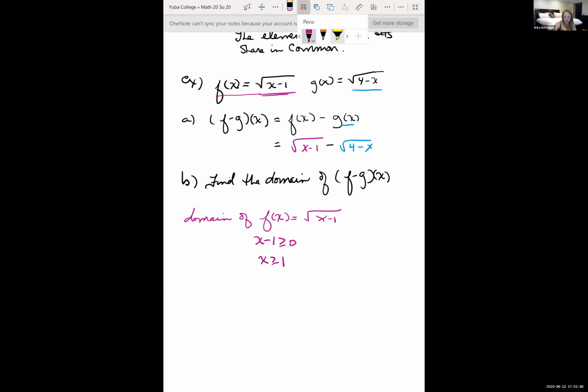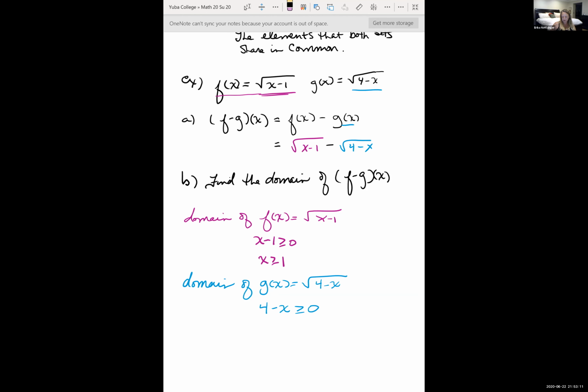So do the same thing. We want to find the domain now of g of x. And g of x was the square root of, underneath the radical, 4 minus x. And so we're looking at when is 4 minus x greater than or equal to 0?